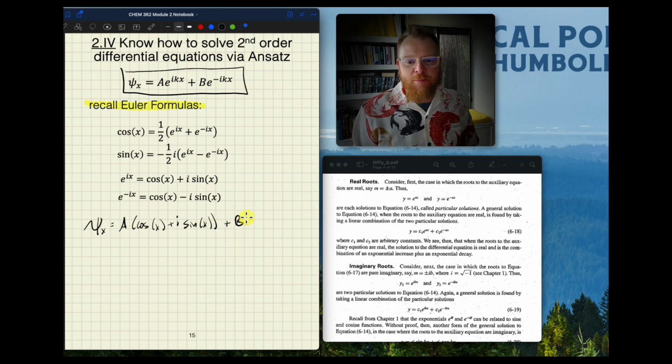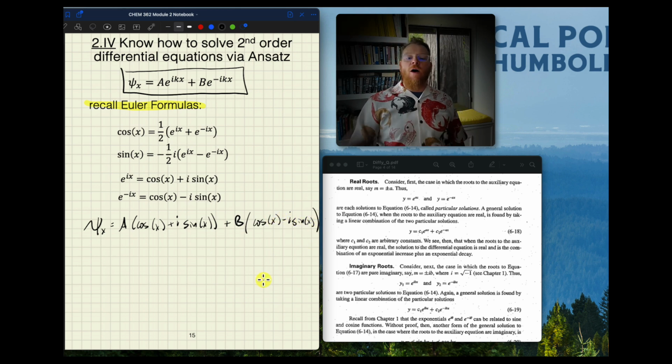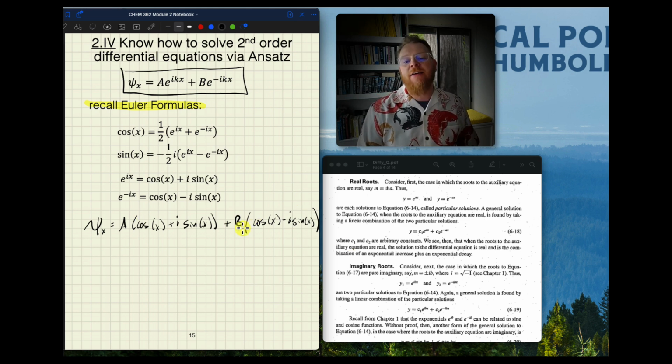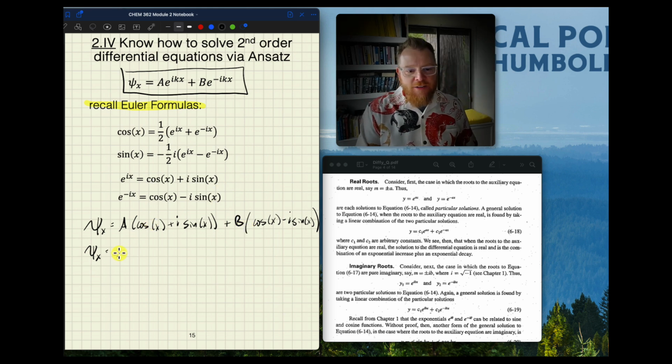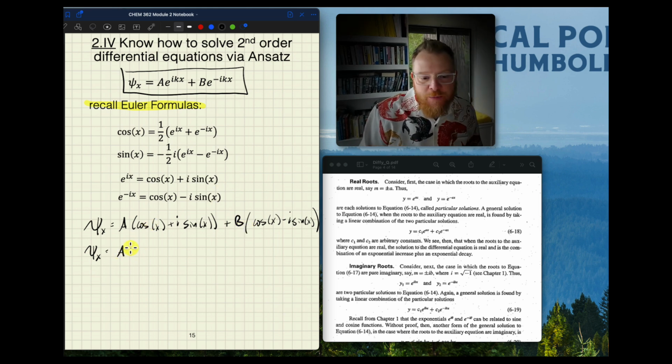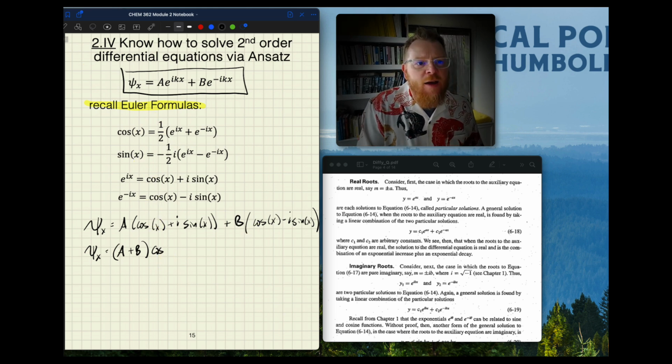Now plus B times e to the minus ix, which is going to be cosine of x minus i sine of x. And now our process is to combine the like terms with the cosines and the sines. So let's go ahead and do that. As you can see, I can collect like terms with the A and the B times cosine. And I realize I dropped writing the k. Apologies there.